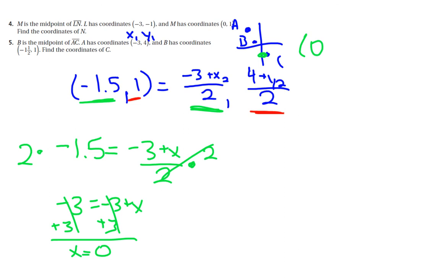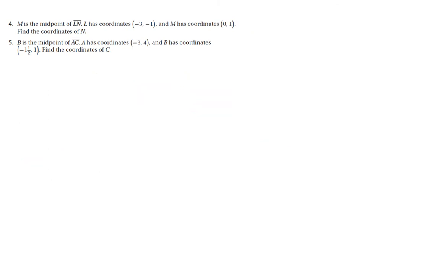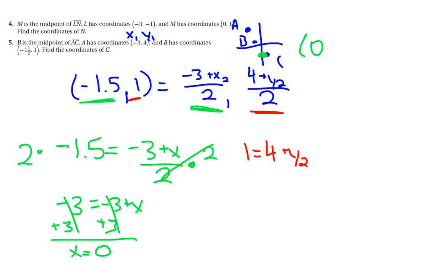Now we'll work out y. So 1 equals 4 plus y divided by 2. Oh, that's in the wrong spot. My bad. I just erased everything. What am I doing? Okay, we're okay. 1 equals 4 plus y divided by 2.